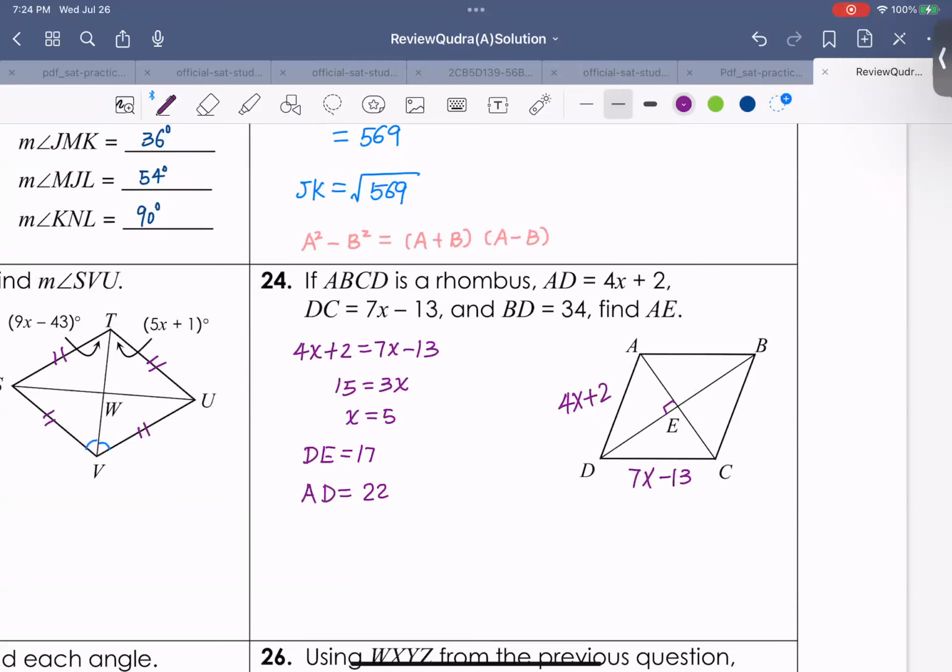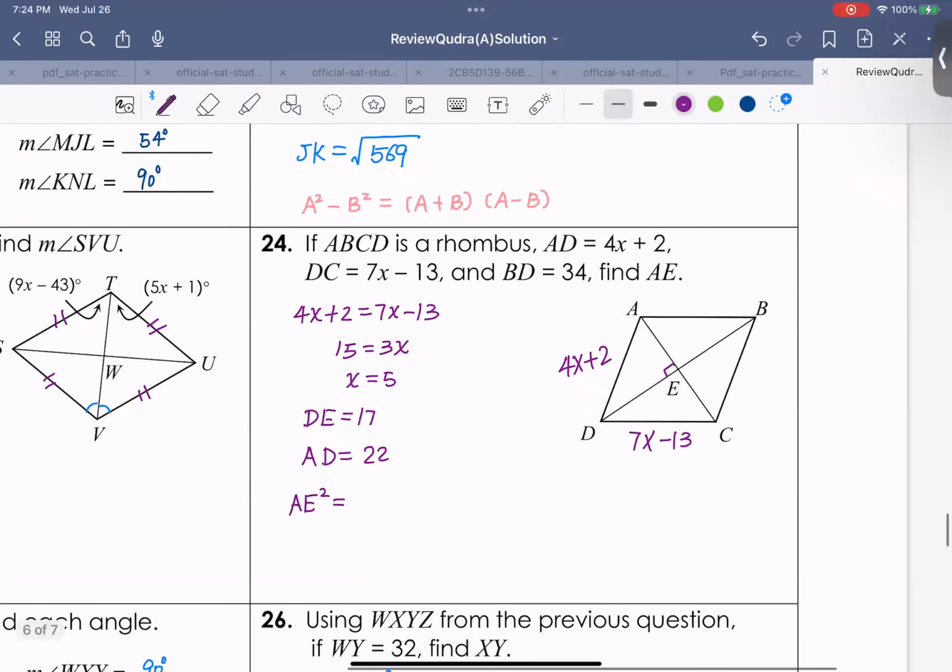And then AE squared equals what? The Pythagorean theorem: AE squared equals this side squared minus this side squared.